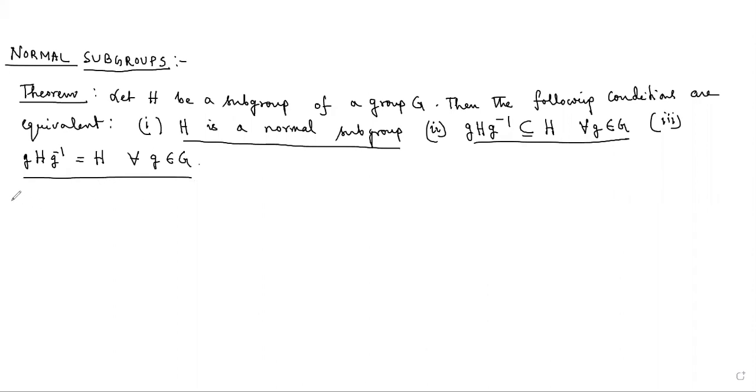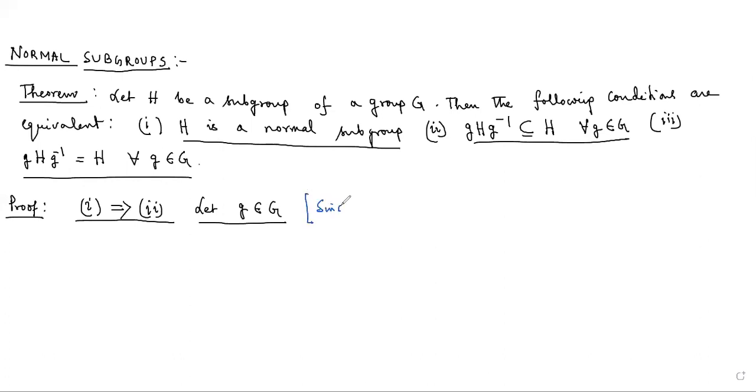Okay. So proof. In the proof section, let us begin with showing that the statement 1 directly implies statement 2. Okay. So let small g belong to capital G. Let small g be an element of capital G. And in statement 1, we have assumed that H is a normal subgroup.